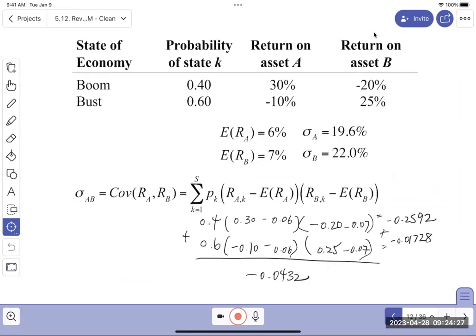So let's peek back at the data, and you see that when A does well, B has negative returns. When A has bad or negative returns, B has high returns. And relatively speaking, even though these are wild numbers, the average of A is 6%. So that's why I call this high, because it's high relative to 6%. And this is low because it's relative to 6%.